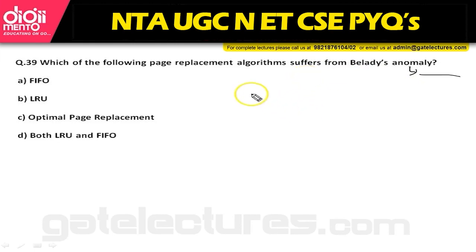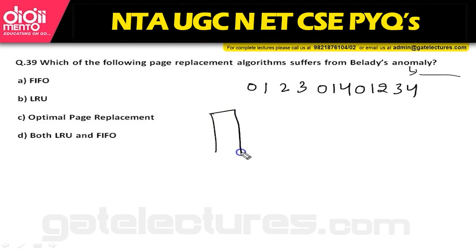Let's say I have the string 0 1 2 3 0 1 4 0 1 2 3 4. Let's say I am giving frames 1 2 3.